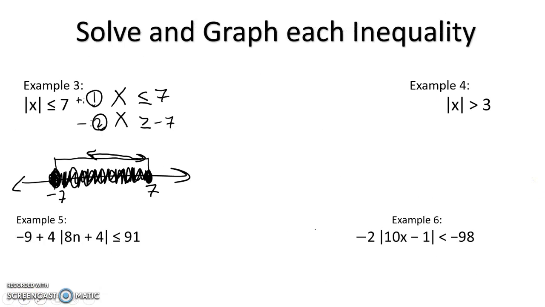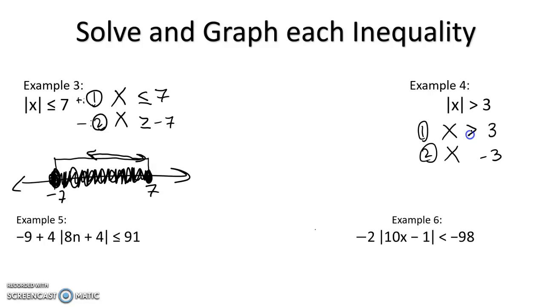If we go to example 4, it's basically the same kind of process, a same-looking problem. I've got my absolute value bars all by themselves, with no numbers on the outside, below, or to the left. So I take the x and set up my two inequalities, 3 and negative 3.